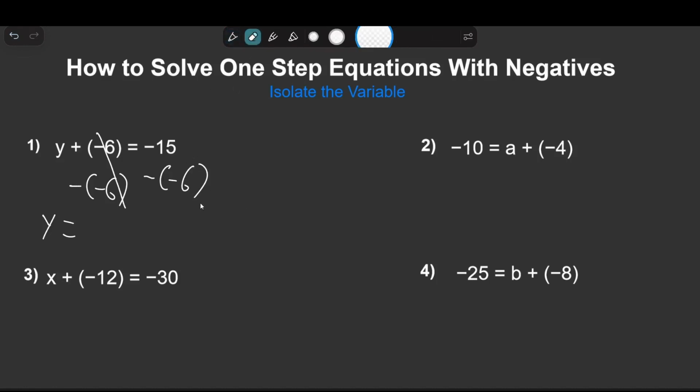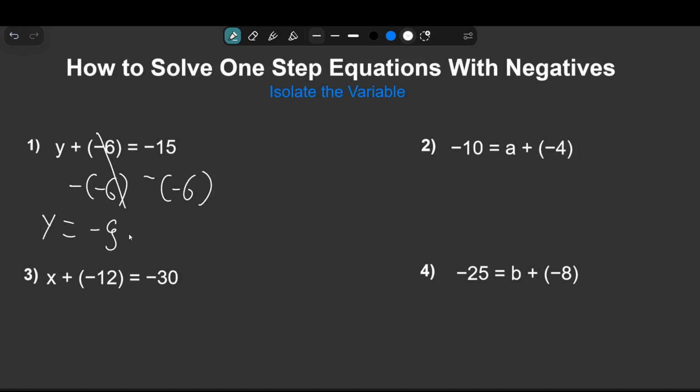Let's say if the parentheses weren't there and it was just minus 6, we would get minus 21. But because we have parentheses involved, we aren't taking away 6, we are taking away the negative 6. So this means we are adding 6 in a way. So minus 15 minus minus 6 will equal minus 9.